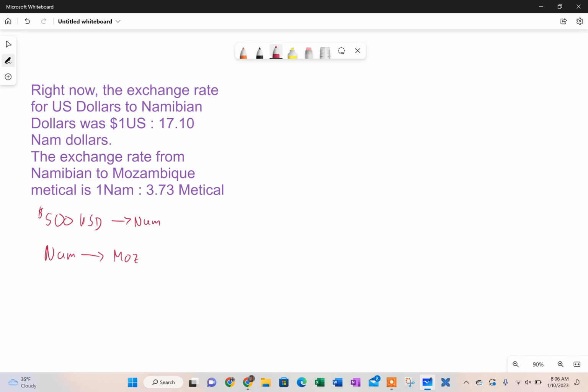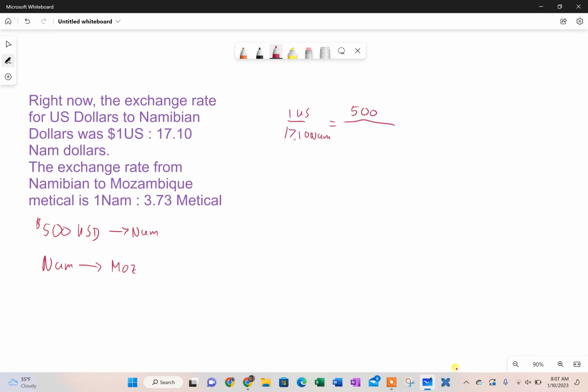Well, I know the exchange rate is 1 US is $17.10 Namibian. And how much money do I have? Right now I have 500 US. So what's that worth in Namibian dollars? Well, once again, all we're going to do is cross multiply. I'm going to multiply 1 times x and get x. That's pretty easy.